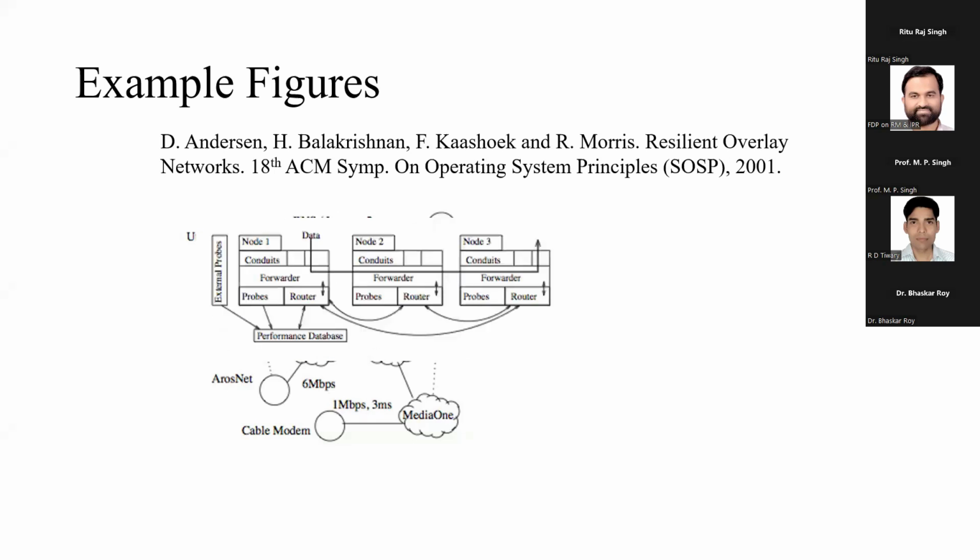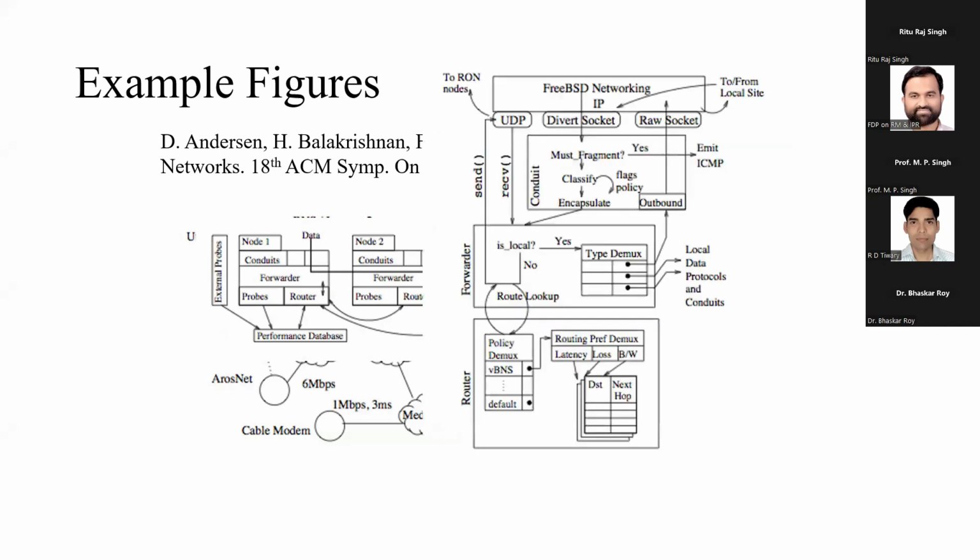This is another figure where the data flow between the different nodes is shown. I just wanted to show that the figure should be complete in nature. Everything you can understand from the figure.